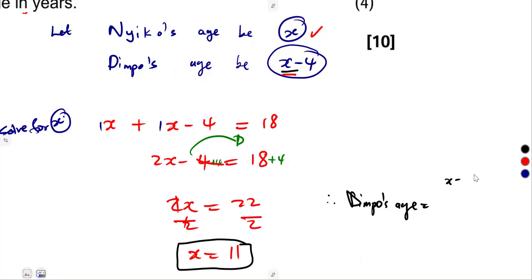In place of x, you put 11 minus 4. So 11 minus 4 was going to give you 7. So that's the age of Dimpo in years. 7 years.